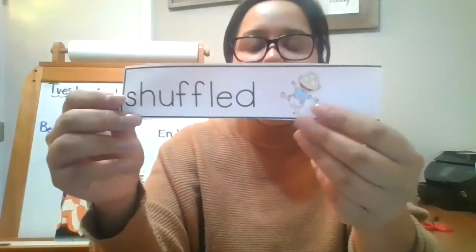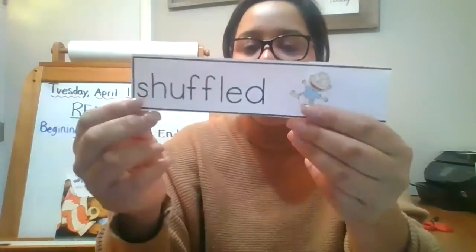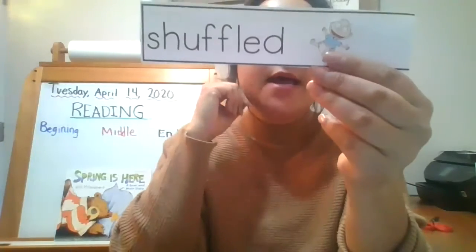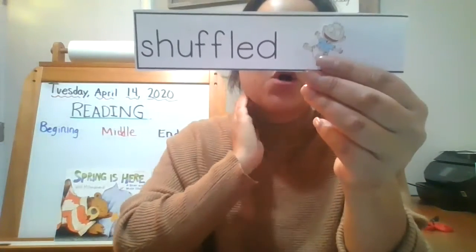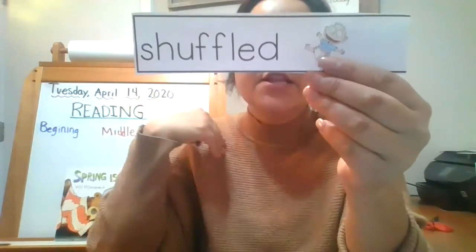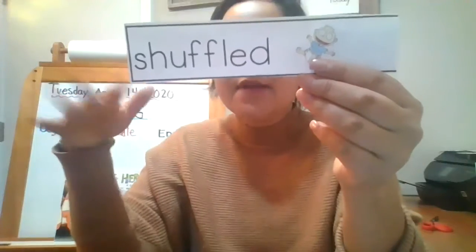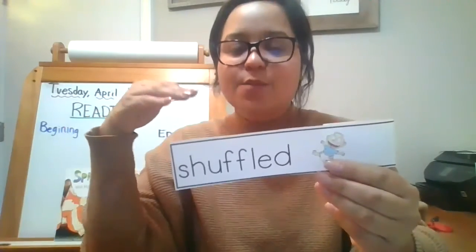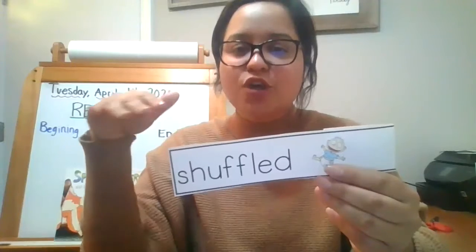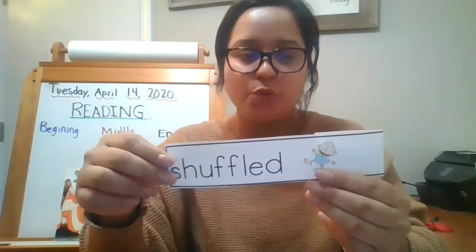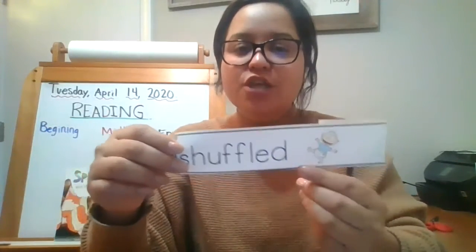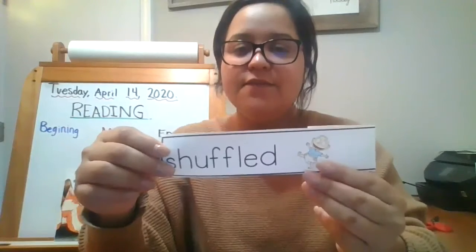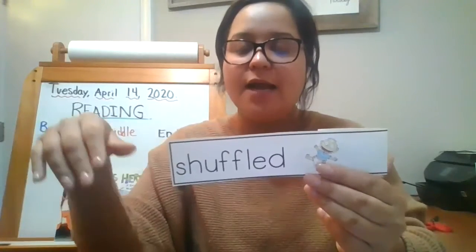Word number nine is shuffle. So shuffle is when people walk without lifting their feet, kind of like clumsy steps. So in this case, the mole is going to shuffle into Bear's room. So la palabra shuffle en español significa caminar arrastrando los pies.